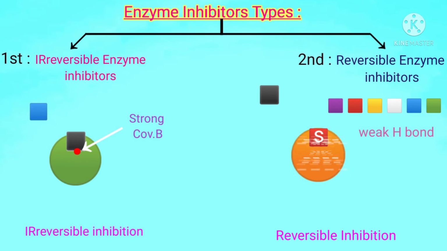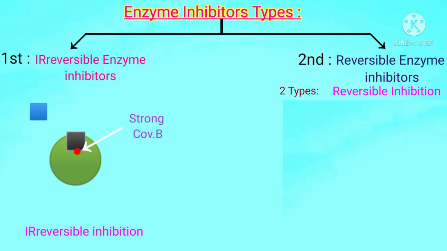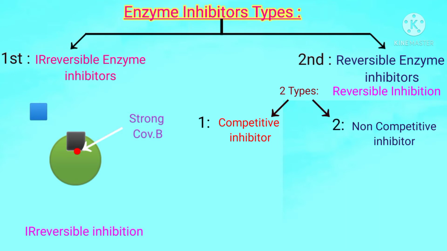Next, reversible inhibitors also have two types. The first one is the competitive inhibitor and the second is the non-competitive inhibitor. Compete means competition or contest, because the word competitive is derived from the word compete. Students, competitive inhibitors normally have structural similarity with the substrate.